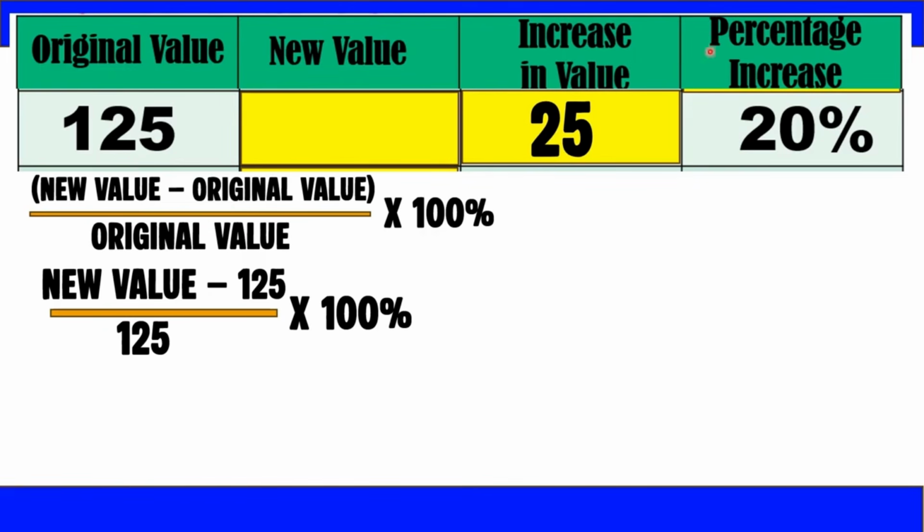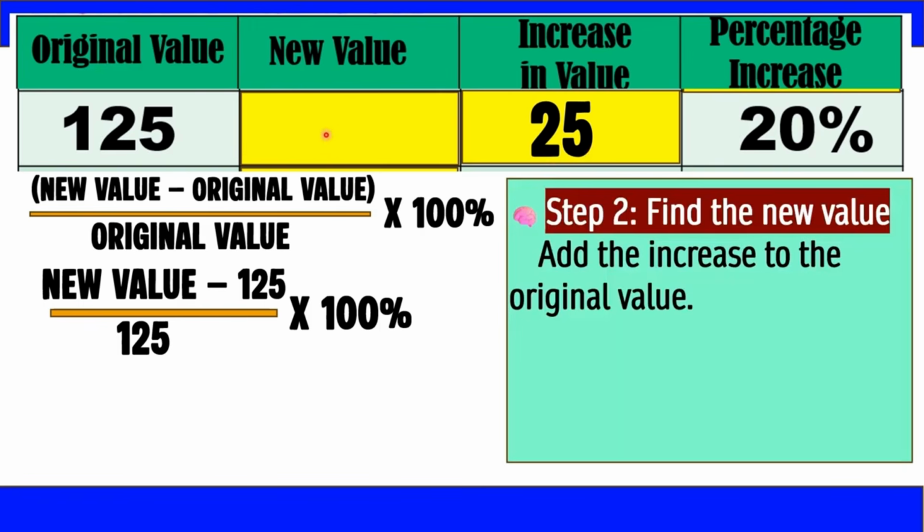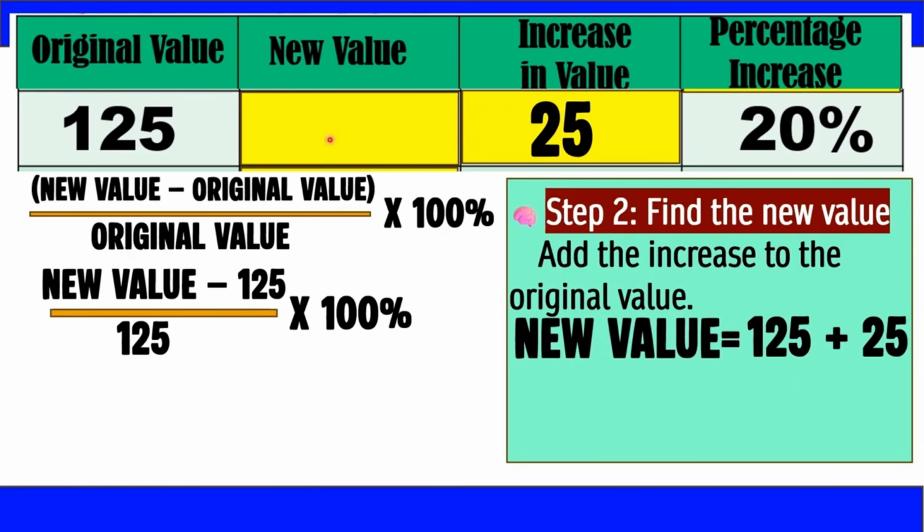Okay, now let's continue. Since we already have the increase in value, which is 25, we can now solve the new value. To find the new value, we add the increase to the original value. Again, we add 125, the original value, plus 25, the increase in value.